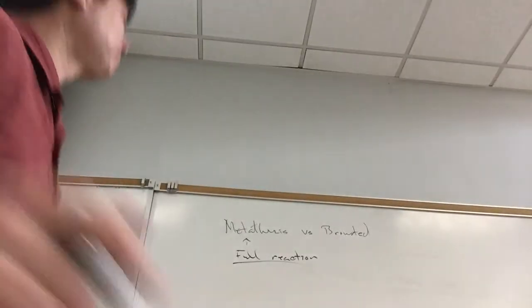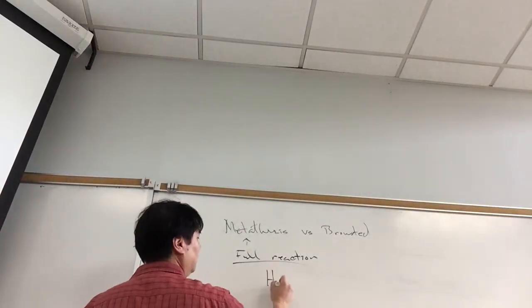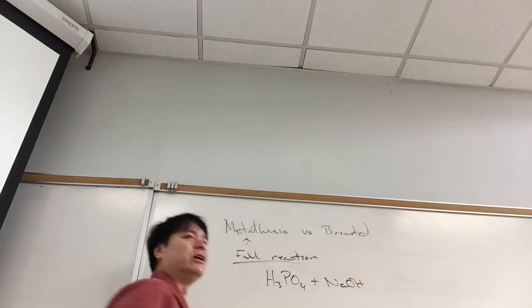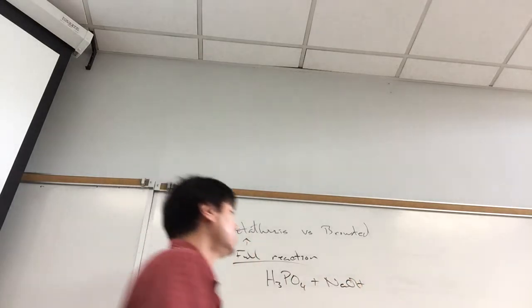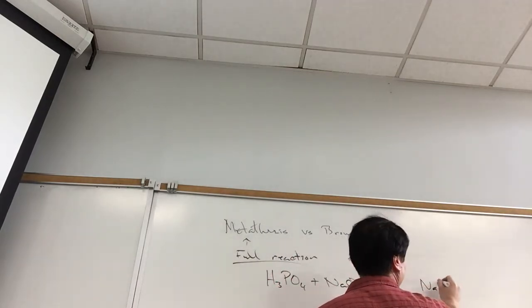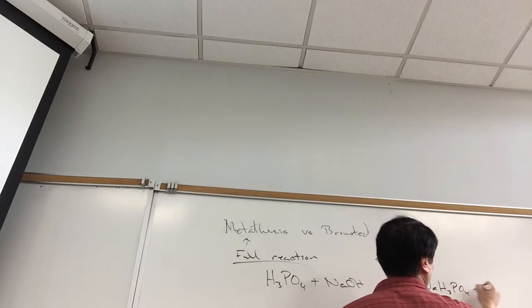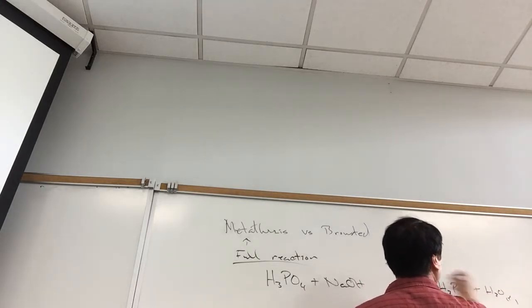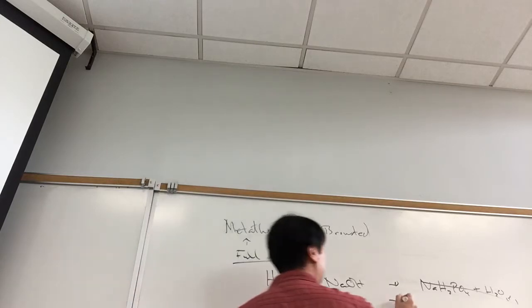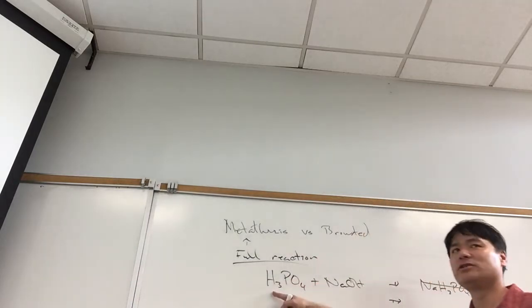Meaning this, if I have H3PO4 and sodium hydroxide, I'm not going to just neutralize one. So for example, I don't just say, okay, I'm going to neutralize one of the hydrogens and make sodium dihydrogen phosphate in water. This is typically not done. In metathesis, you go all the way. That is, we're going to neutralize all the hydrogens.